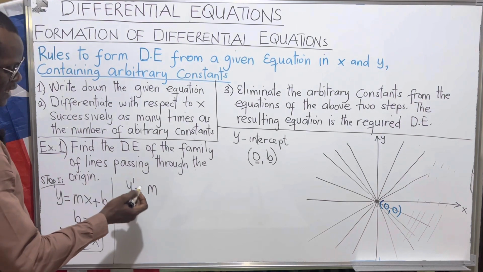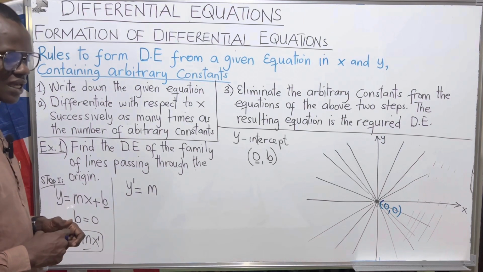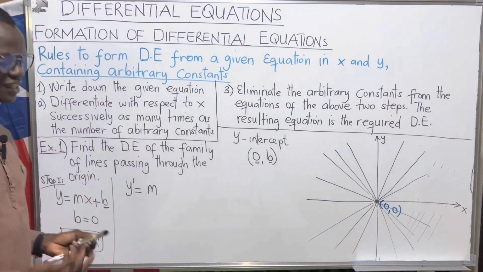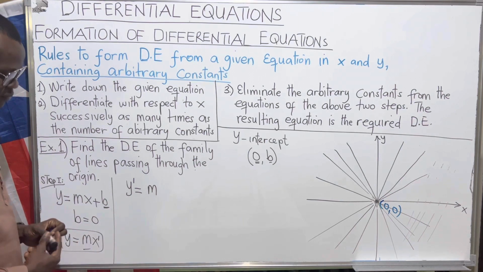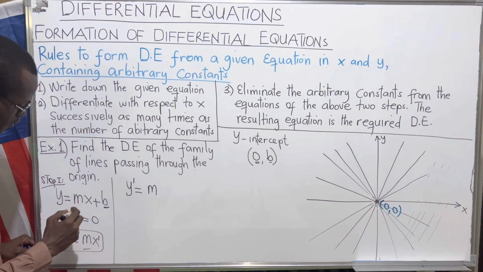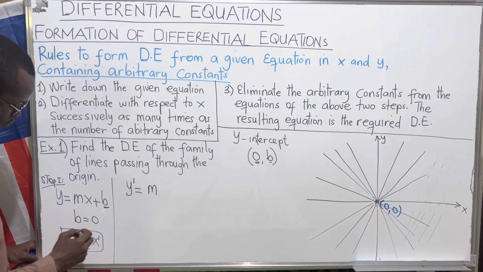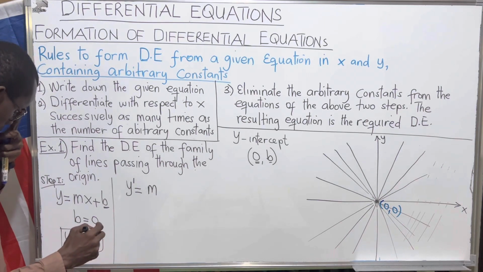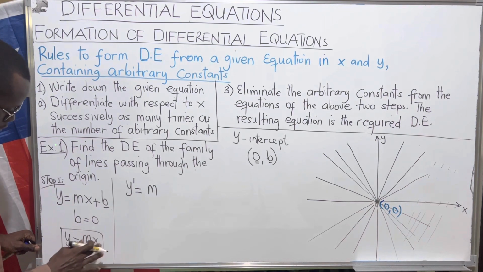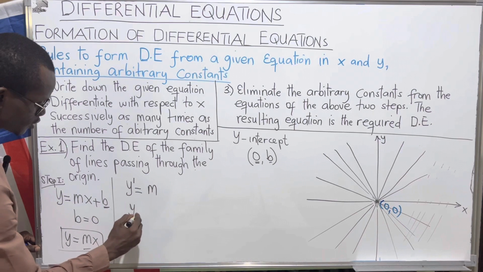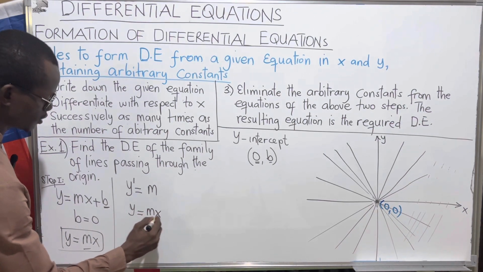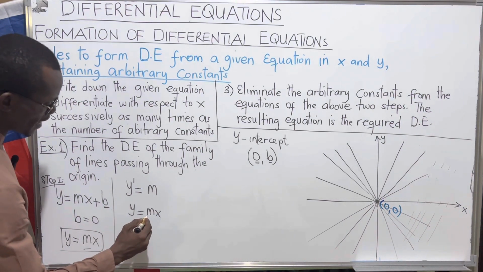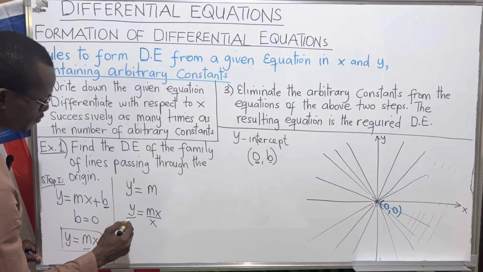But m, which is the arbitrary constant, has not been eliminated. m is still within the problem. So we know from the original equation, y equals mx, that we can solve for m by dividing both sides by x.